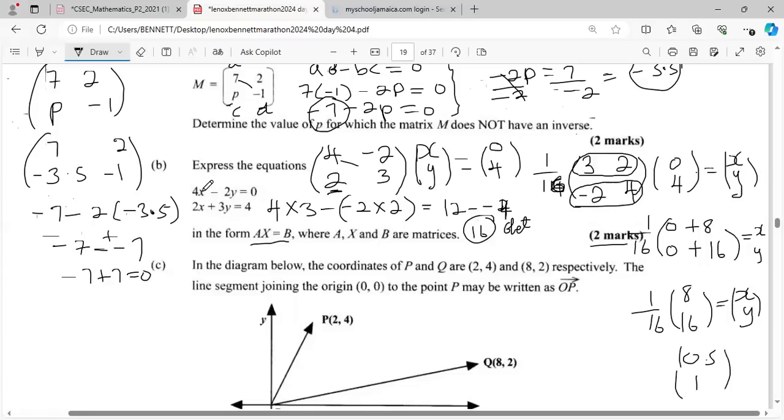Alright, so 4 times a half, that's going to be what? 2. 2 times 1, 2. Alright, so it checks out for the first part. I'm going to see for the next one now. 2 times a half, that's going to be 1, right? That's 2 times 0.5, that's a 1. And 3 times 1, 3. So that equals 4. So this is correct.